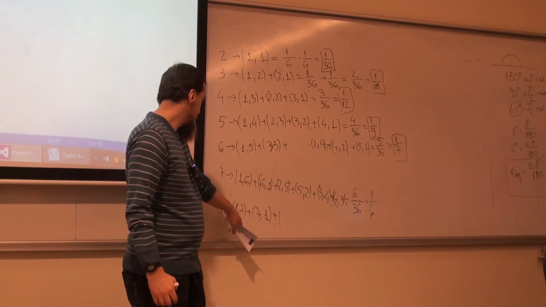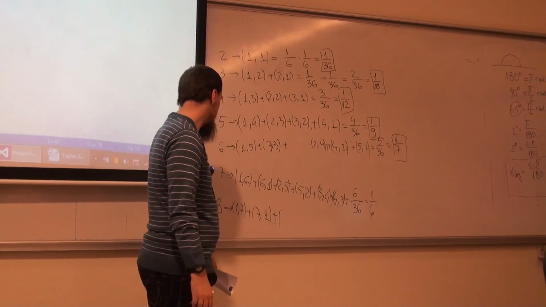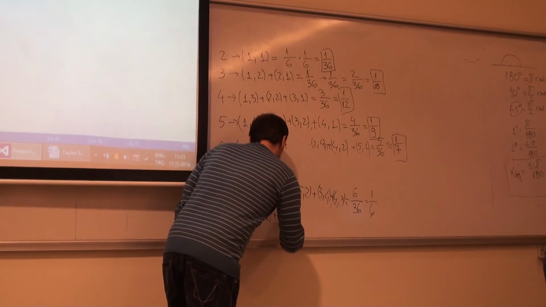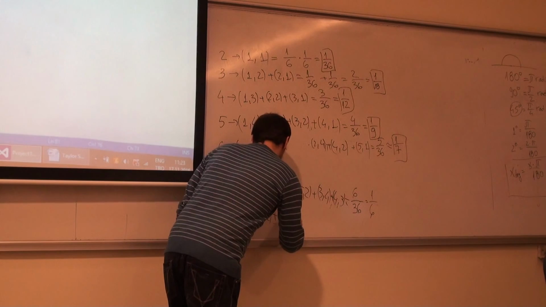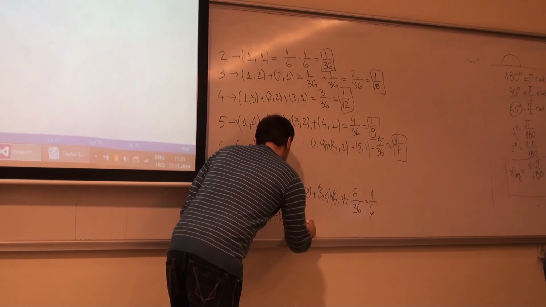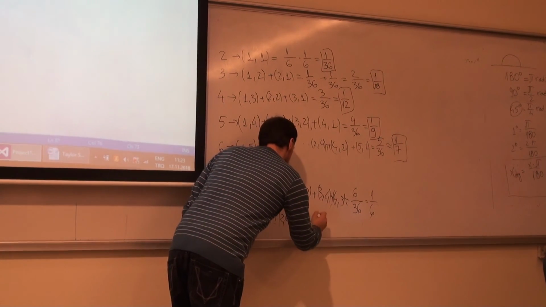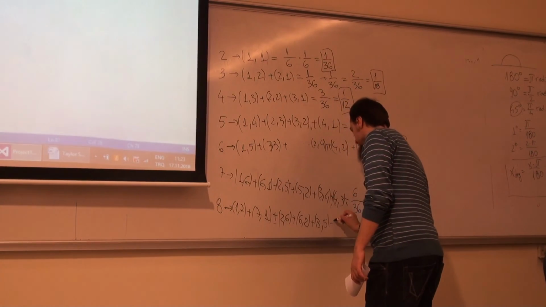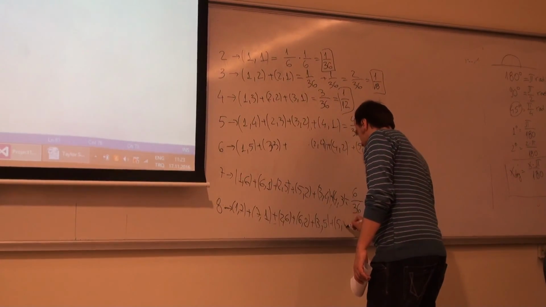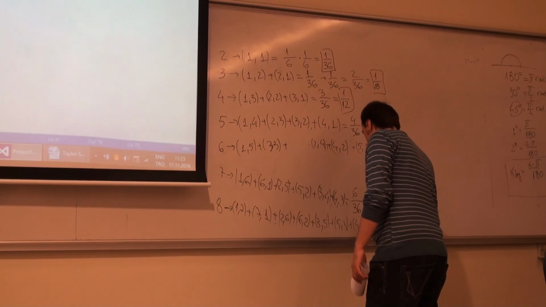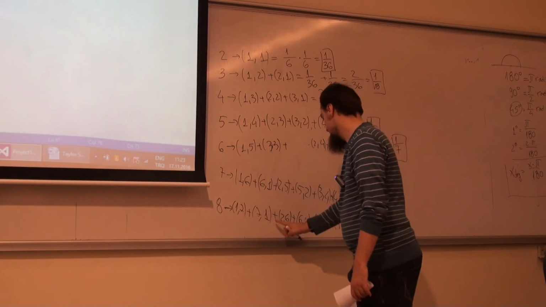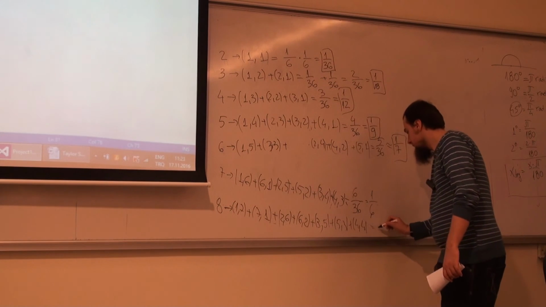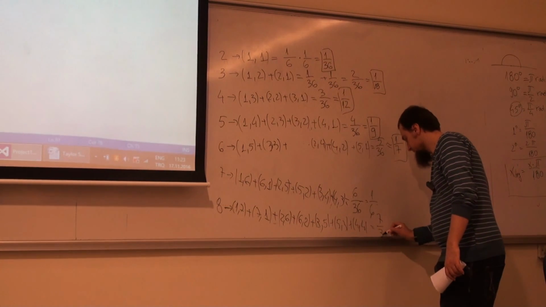Okay. So for 7 we had 1, 6, 6, 1. What else do we have here? 2, 5, 5, 2, 3, 4, 4, 3. It's 6 this time, yeah.